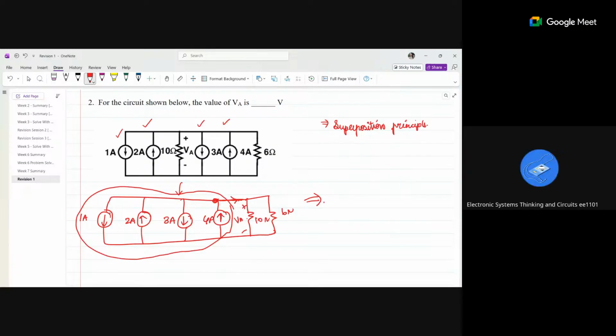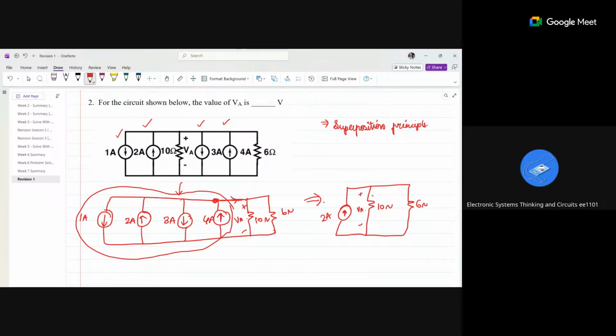Yes. So one is coming out, two is going in. So one will be coming in. Then here also same. So it will be basically 2 amperes connected to 10 ohms and 6 ohms.